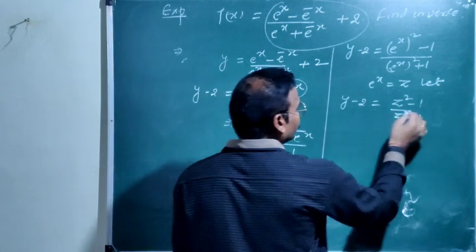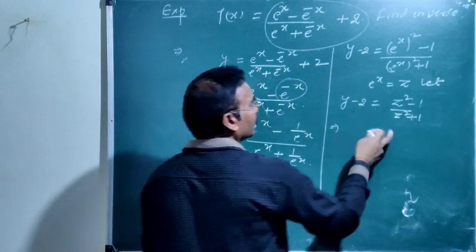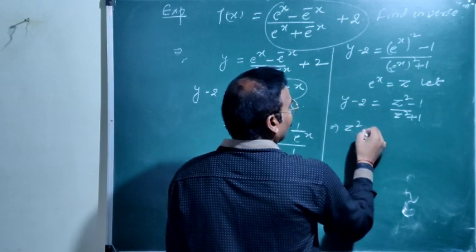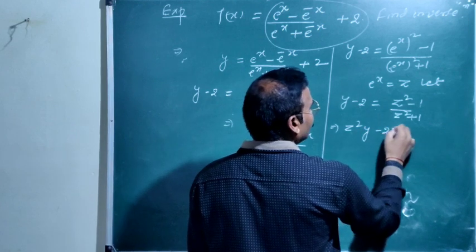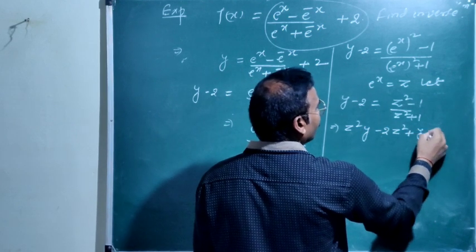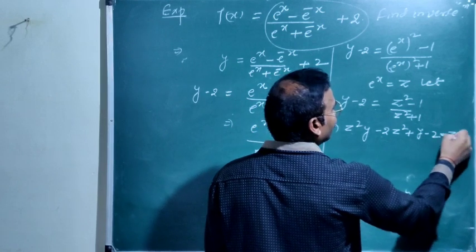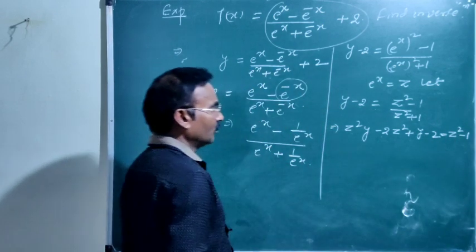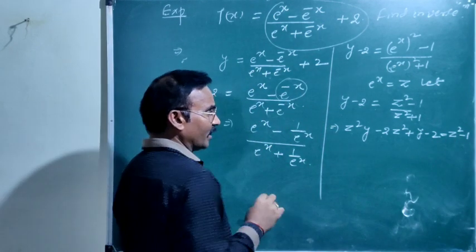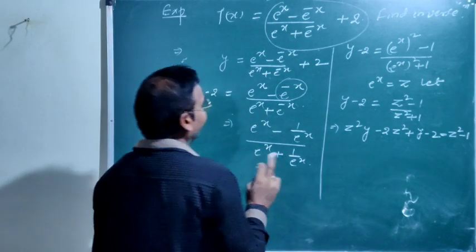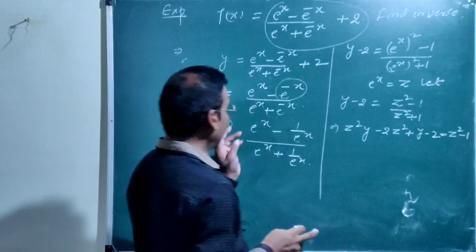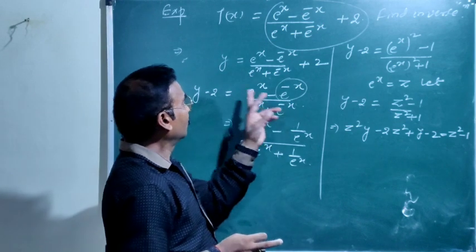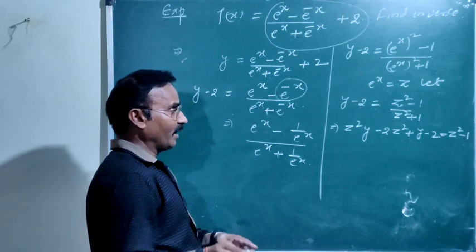Now cross multiply. You have to find z square, because z square relates to x, so you find x.